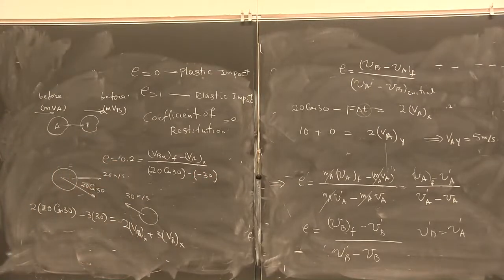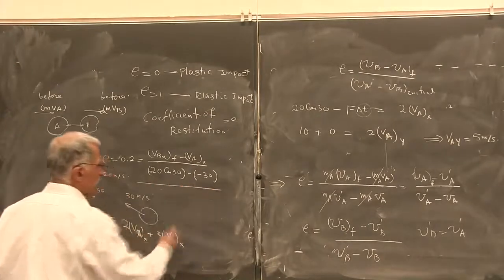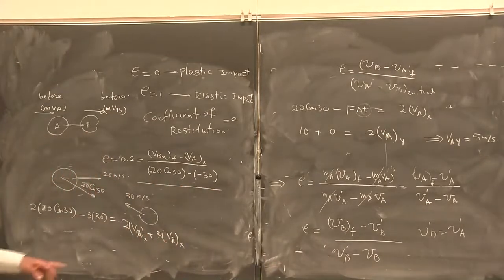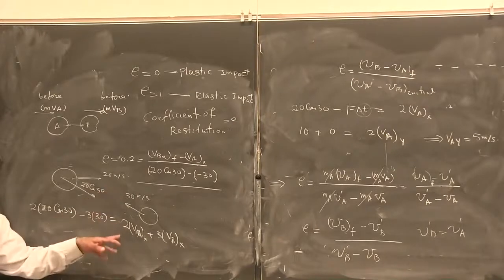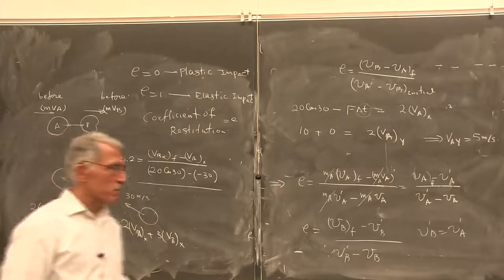So now you get another equation, and from this equation and the previous equation, you have two equations, two unknowns, and then you can solve the problem.